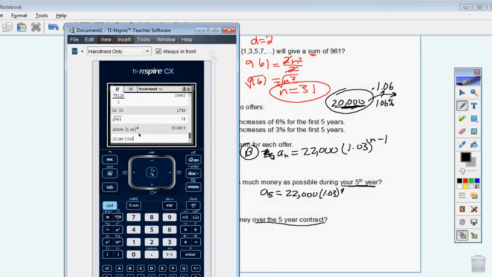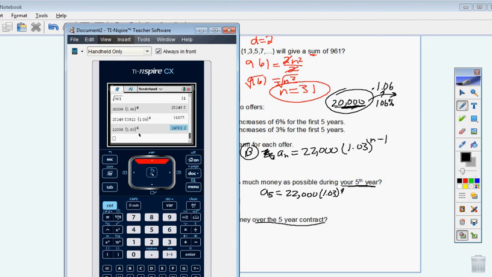So now watch this. Actually, this is pretty nice. You can go up here, highlight this, bring that down. You can just go in and edit it. All you're changing is that it's a 22,000, and then this is a 1.03. When you make those edits, this one came out too.